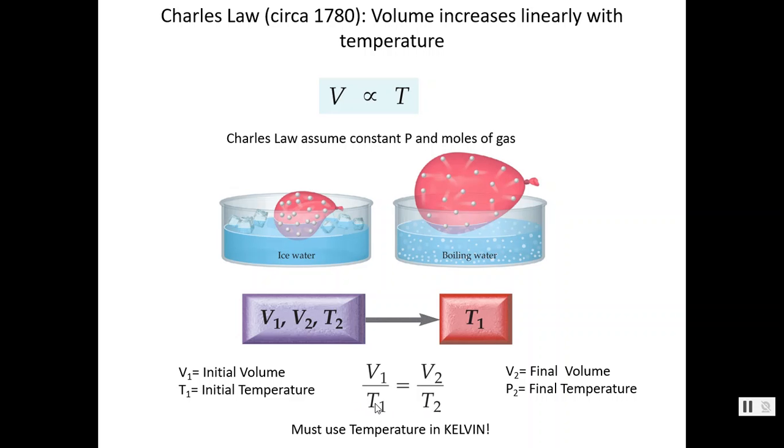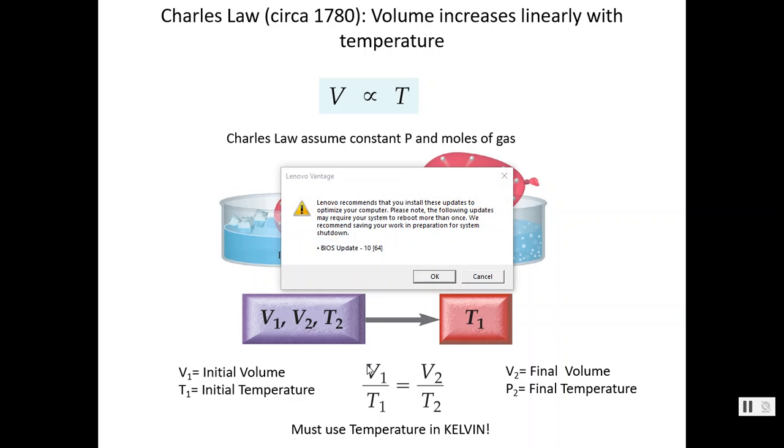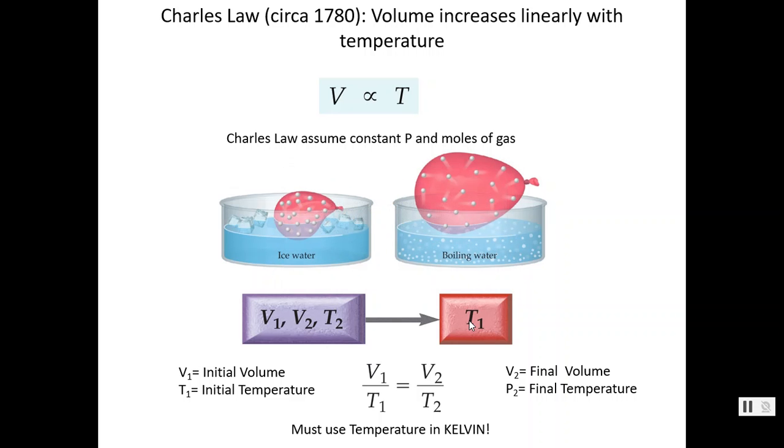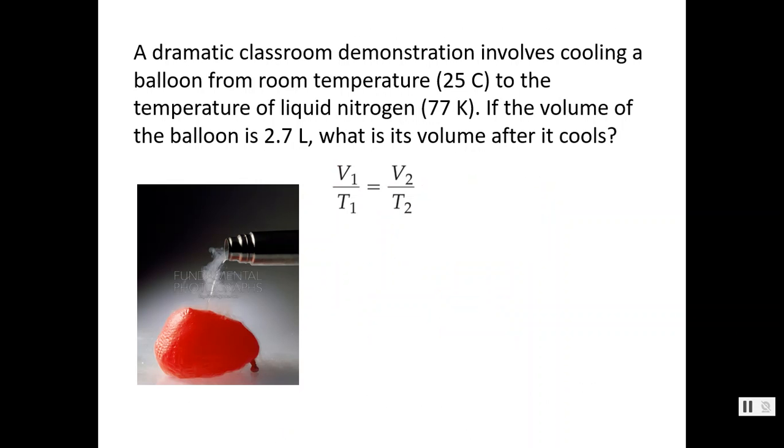If you did have one of these values being 0, then obviously you would get a volume that doesn't make sense. Anything divided by 0 is infinity. So you must use your temperature in the Kelvin scale when doing Charles' law problems. And we're going to do an example on the next slide.